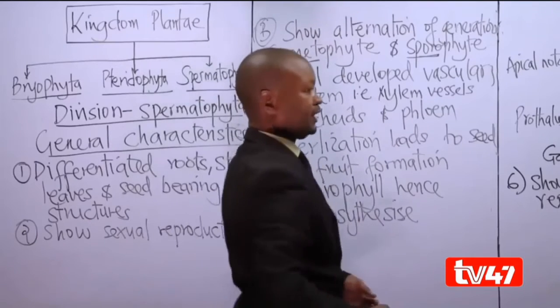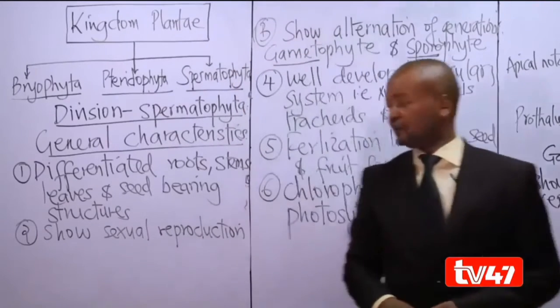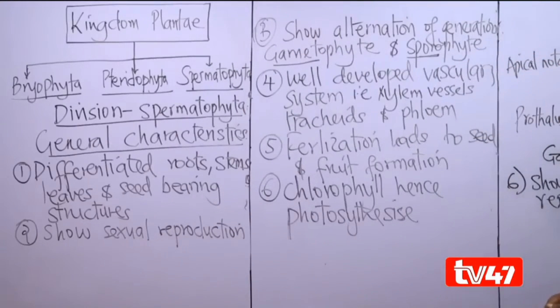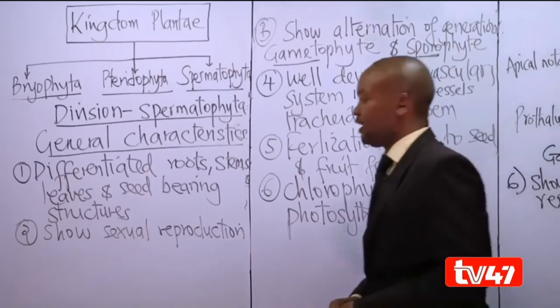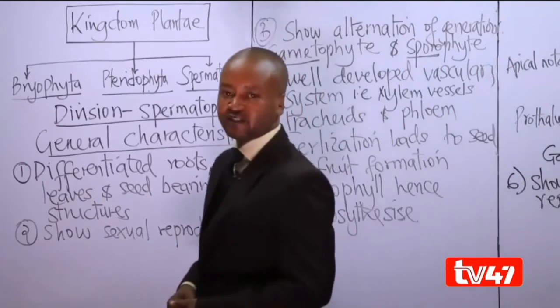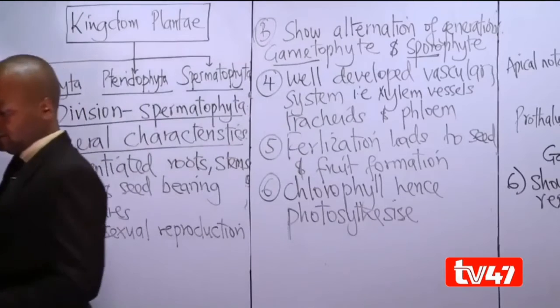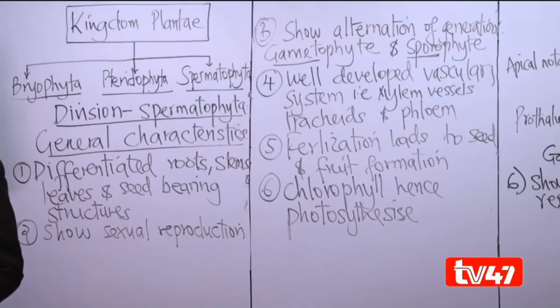So that means they produce their own food. We are also saying that it is a division that has got highly advanced members, because they have structures that are typical of what happens in plants.